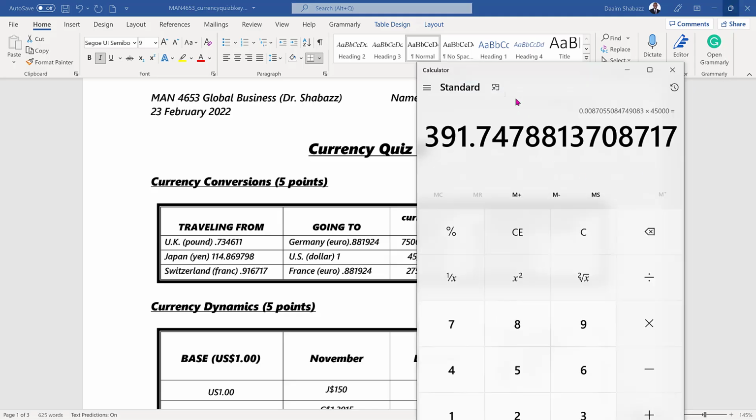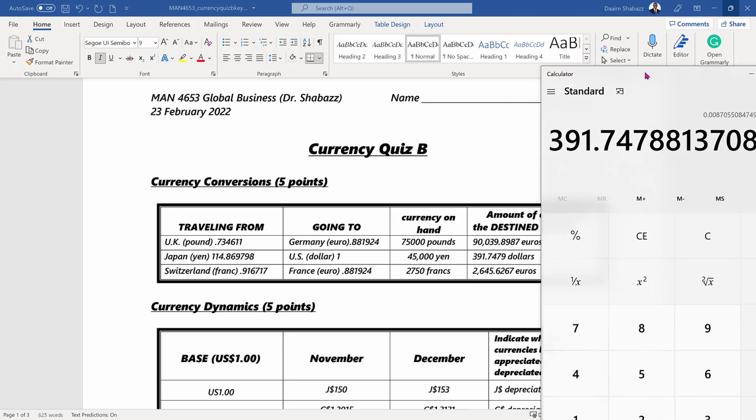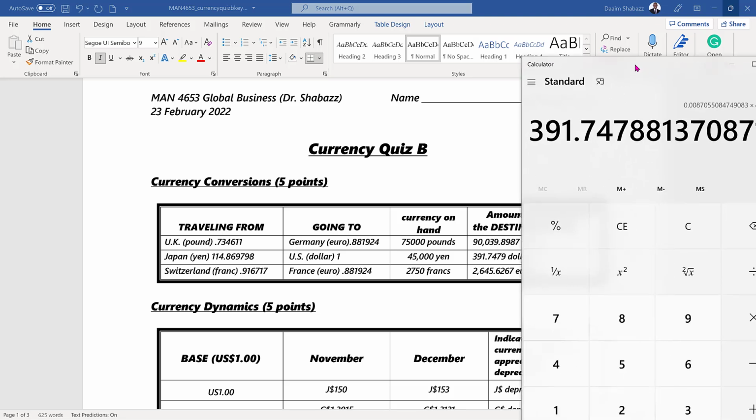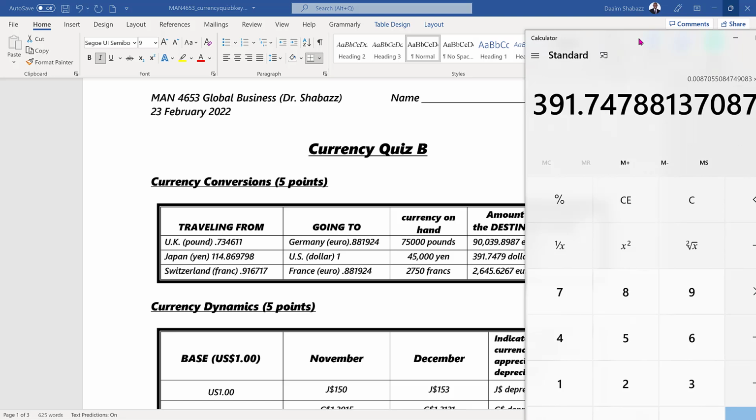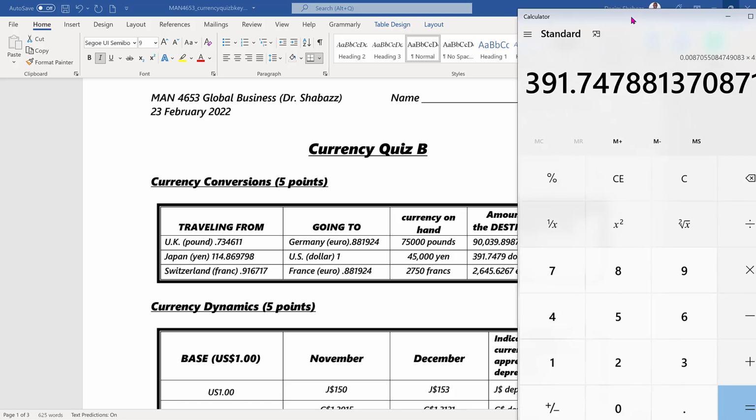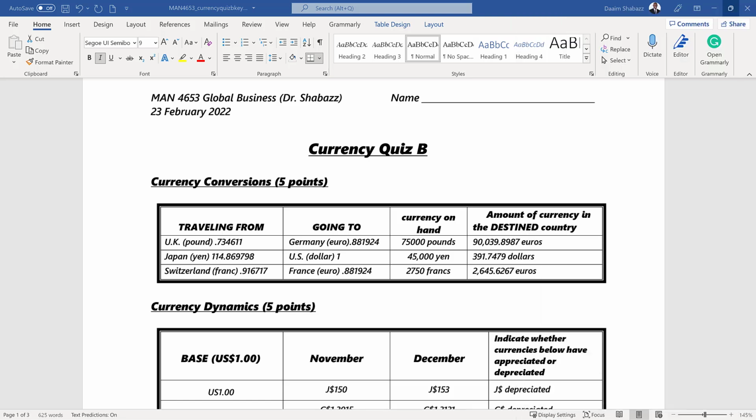And we get 391.7479, rounding up to the 4th significant digit. All right. So that's the first block. That's the first block of questions.